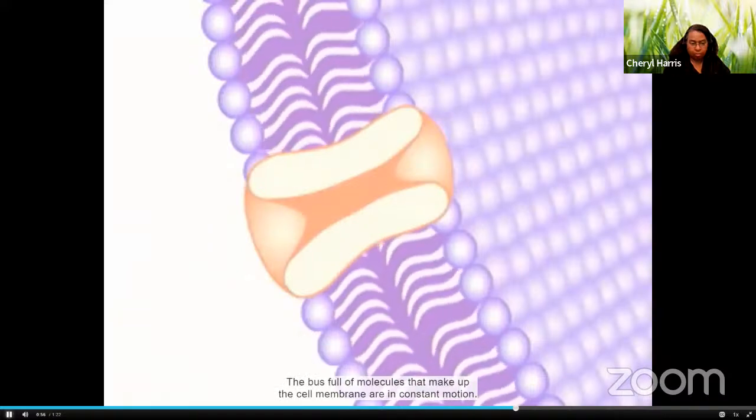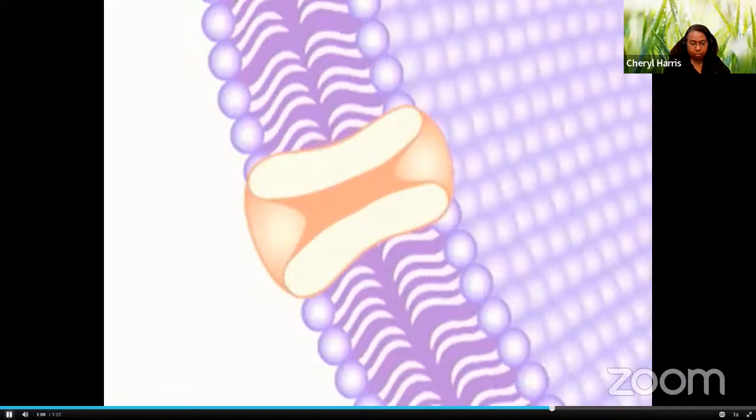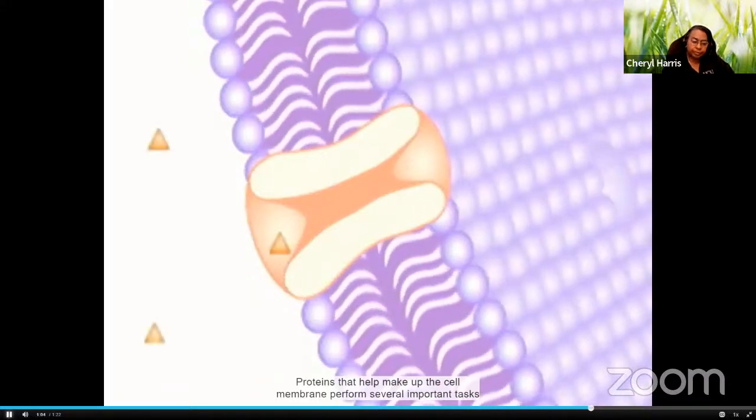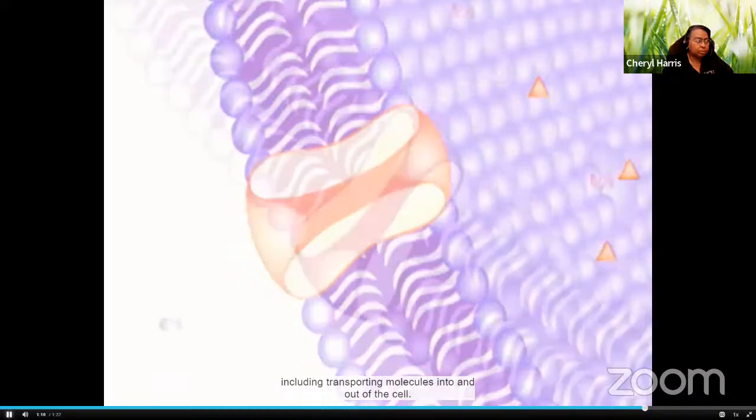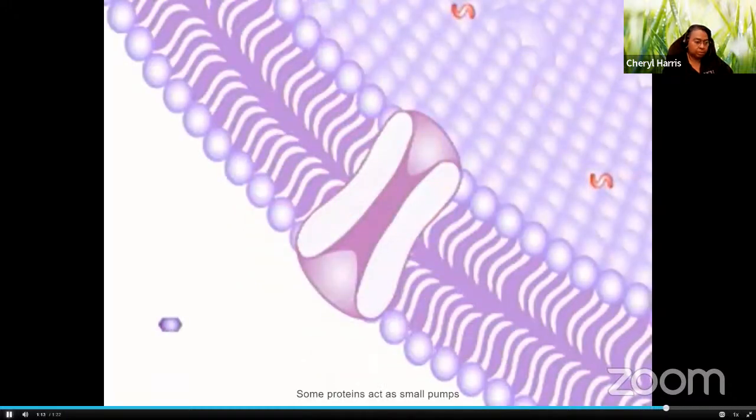The phospholipid molecules that make up the cell membrane are in constant motion. Proteins that help make up the cell membrane perform several important tasks, including transporting molecules into and out of the cell. Some proteins act as small pumps, actively transporting molecules from one side of the membrane to the other.